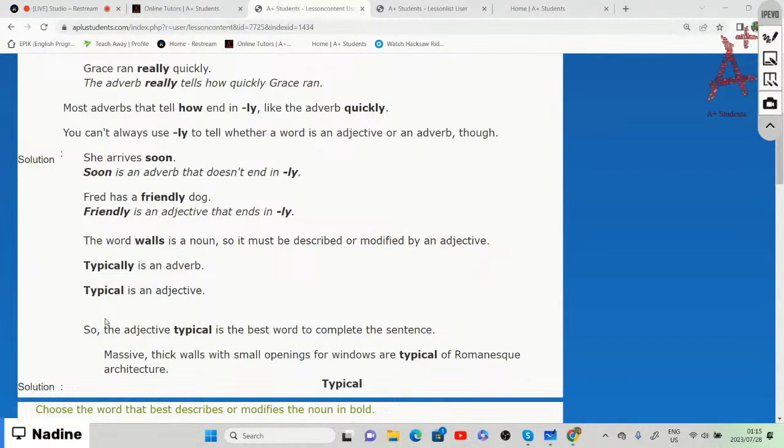Typically is an adverb, and we said an adverb describes and modifies either a verb, an adjective, or another adverb. So typical is our answer.